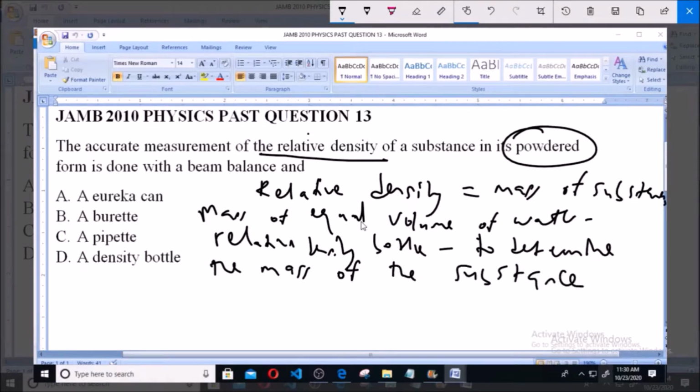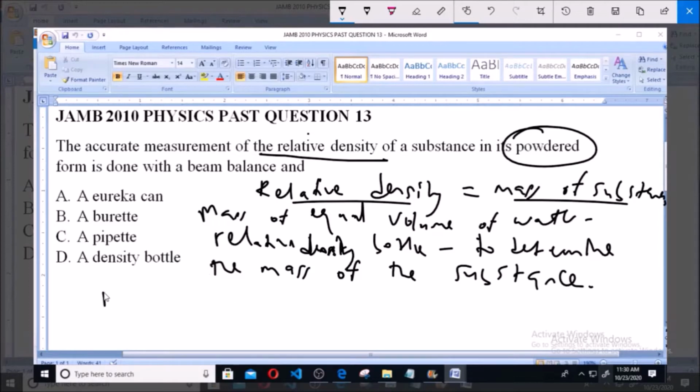So you are going to use a density bottle, like we said, a relative density bottle. And like we've established, the mass of the substance is equal to the relative density of the substance.